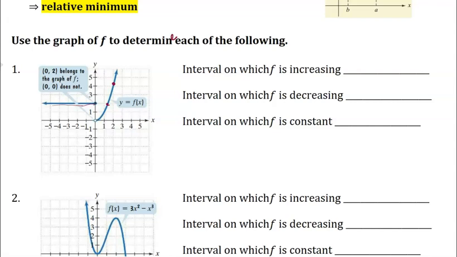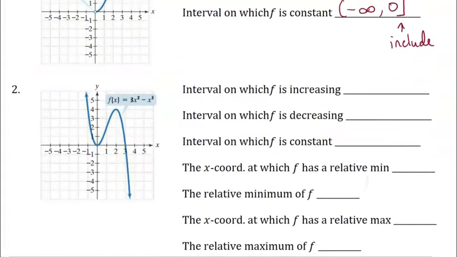So the function is constant on the interval from negative infinity to 0, and I'm going to include that, so use the bracket. And then it is increasing on the interval from 0, but this one's open, to infinity. Okay, and then there is no interval where it's decreasing.